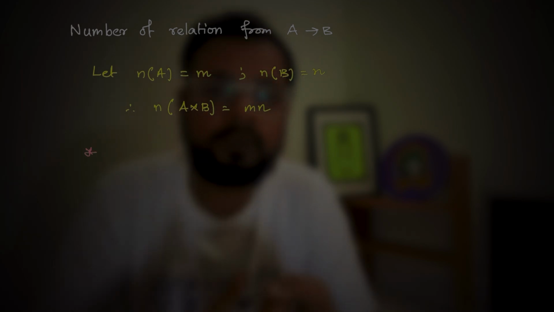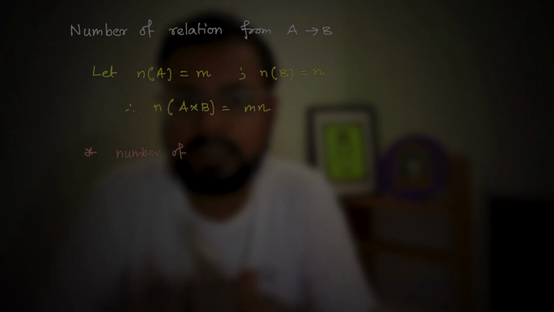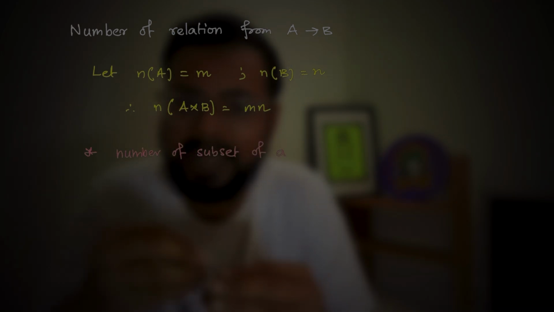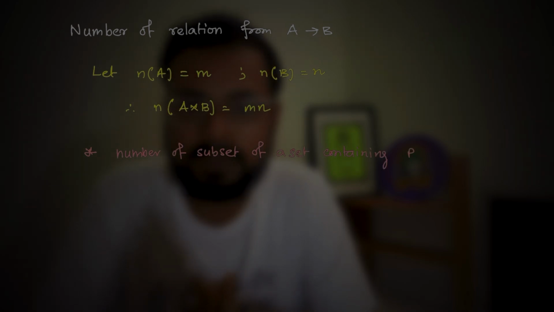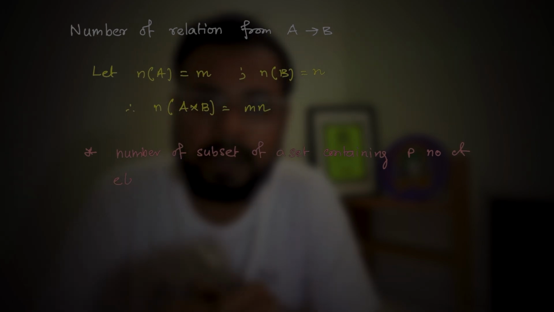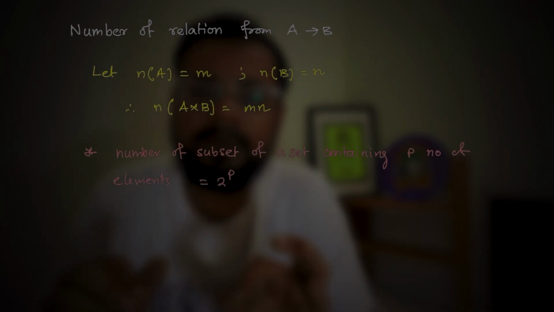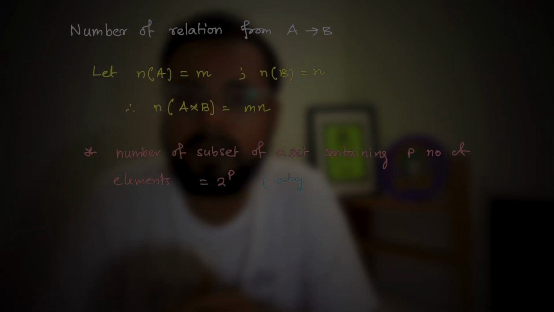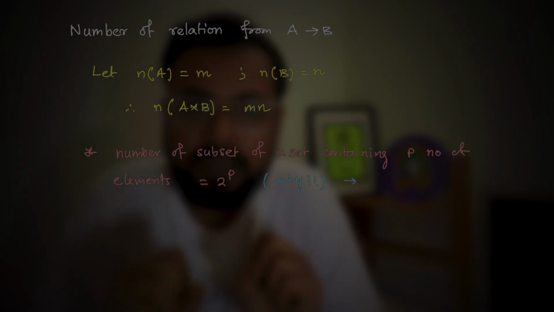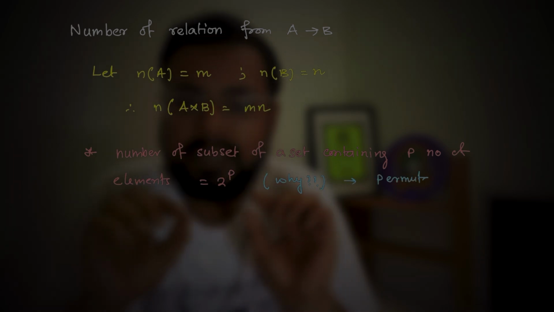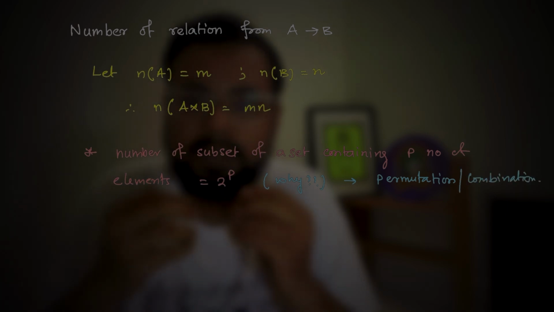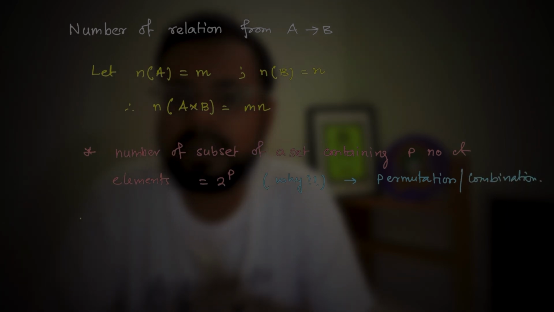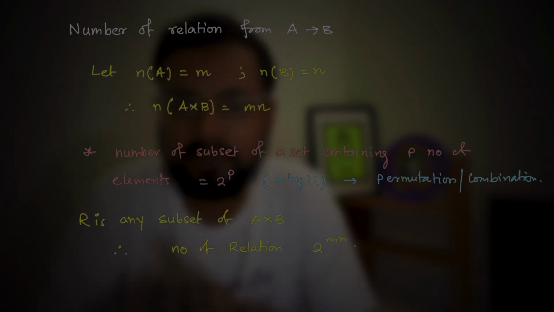And we have also studied in sets that a set can have 2 to the power n subsets if it has n elements. Now A cross B has mn elements, so it should have 2 to the power mn relations. Now I want you to ask why this 2 to the power n formula? Think about this question, and we are going to discuss that in our permutation combination video of this series.